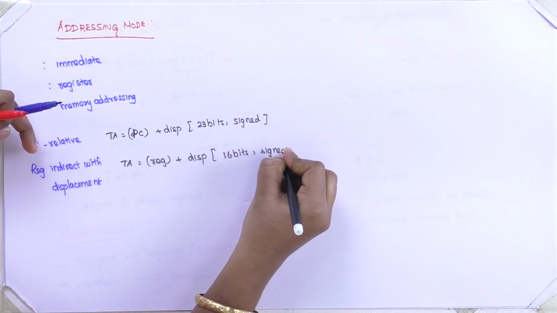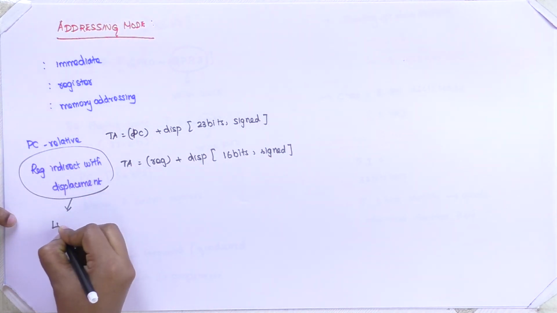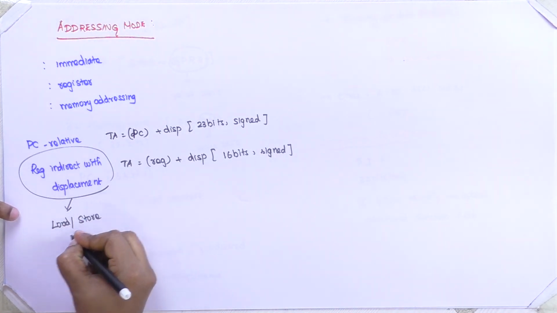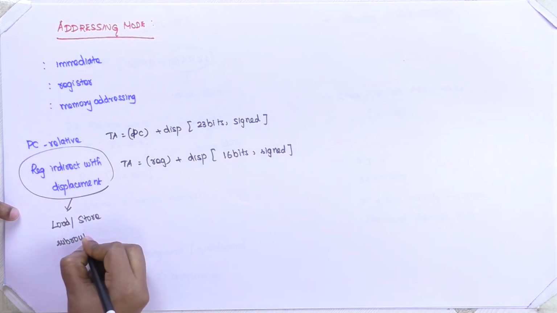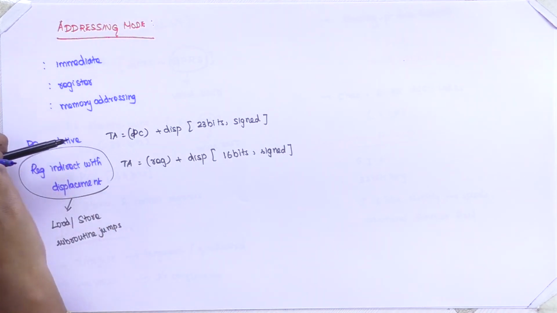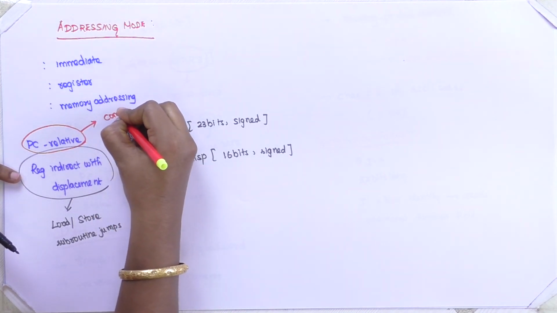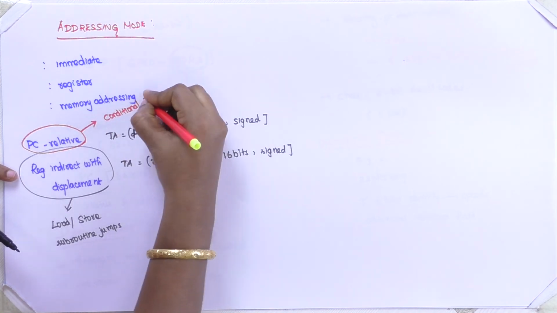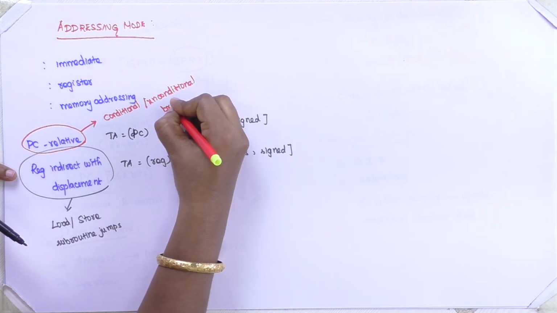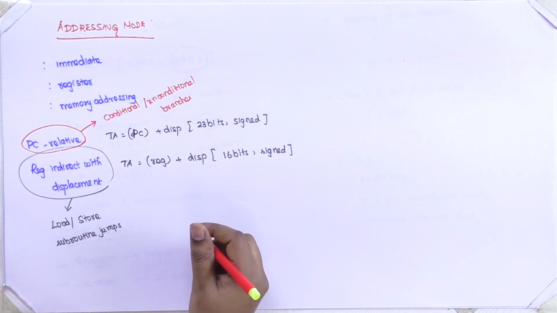The register indirect with displacement mode is used for load and store operations, and also for subroutine jumping instructions, whereas PC relative addressing mode is used for conditional and unconditional branches. These are the various addressing modes available in the Cray T3 architecture.